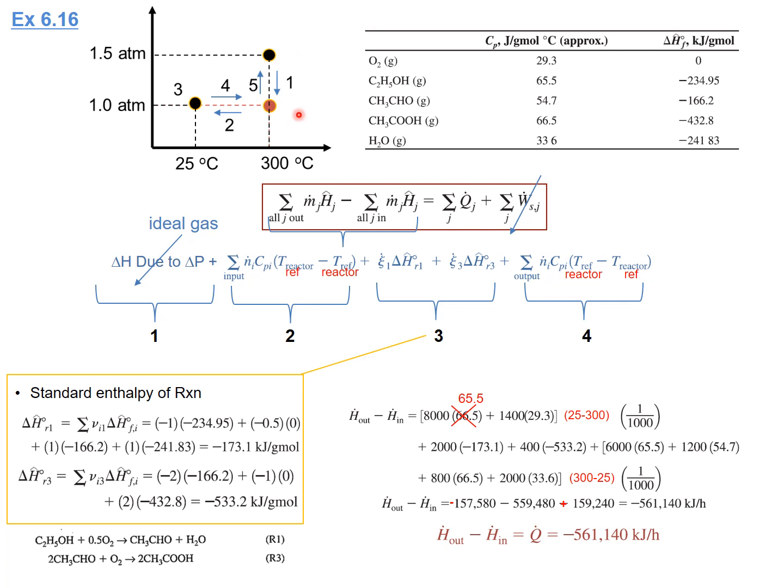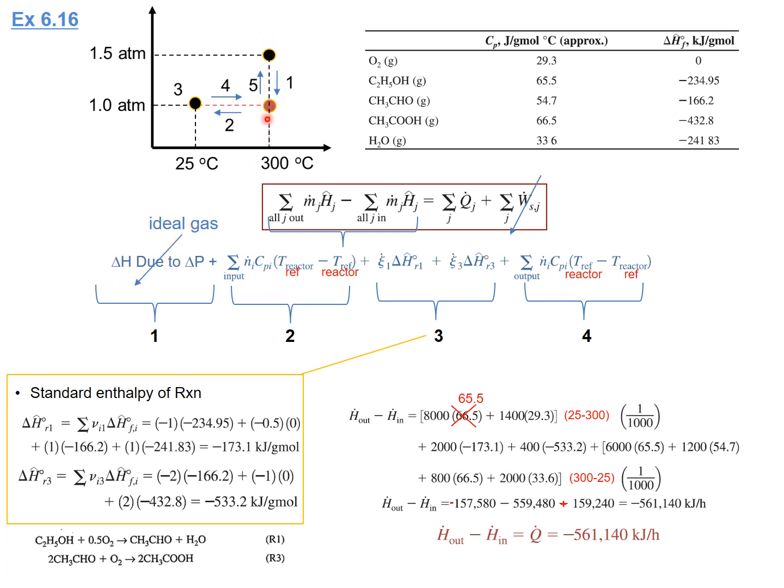The step 1, we'll change the pressure from 1.5 atm to 1.0 atm. For ideal gas or low pressure vapors, there is no impact of the pressure on the enthalpy change. So we could neglect the first process.